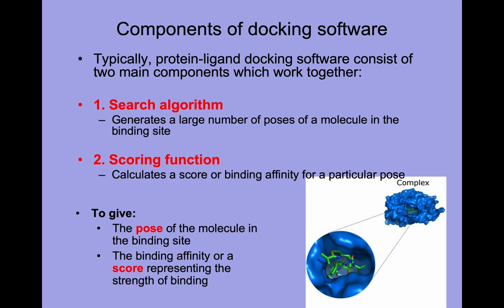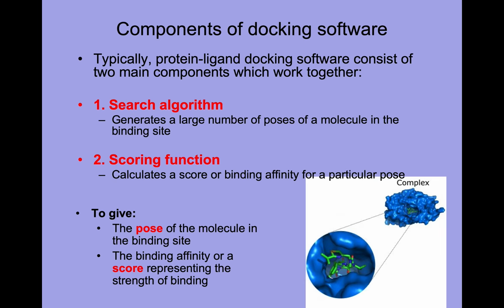The first is the search algorithm that generates a large number of poses of a molecule in the binding site. If you have a small molecule and you are going to dock it with the protein, the search algorithm will generate a number of poses of that molecule within a cavity or binding site. Then you will decide which pose is good, which pose has good interaction.